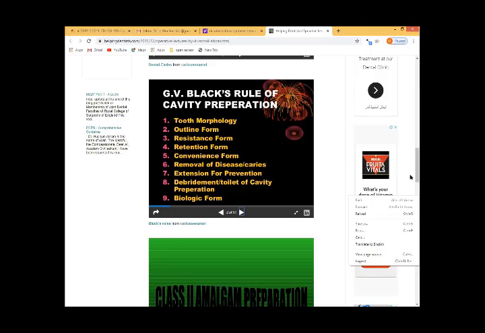And here again, for the resistance form, because when we are filling this cavity with amalgam there is a chance of dislodgement, we will give a slight undercut. On the occlusal surface we give the undercut with the buccal wall and with the floor. So the same undercut we will give with the buccal and lingual walls.